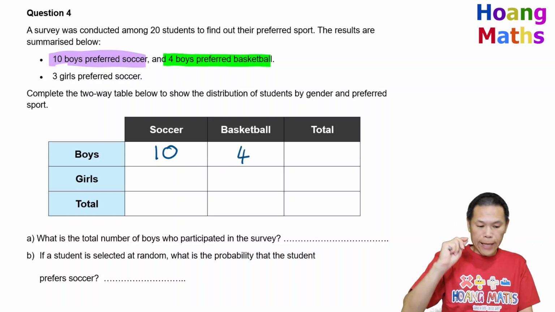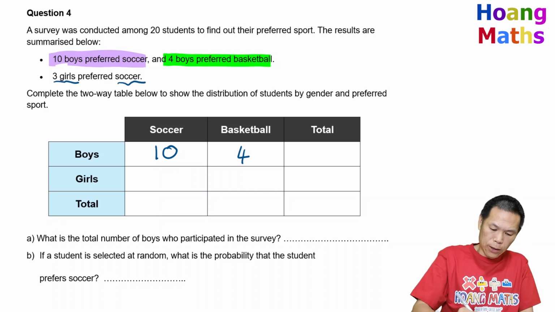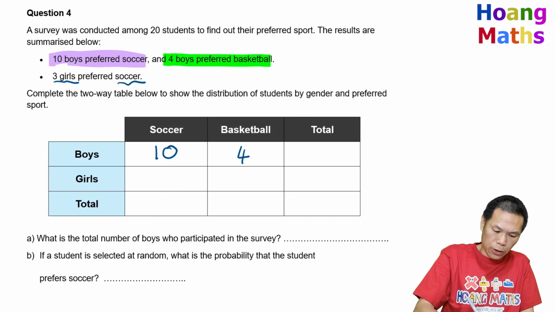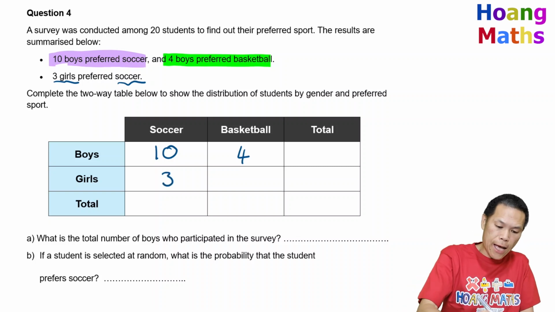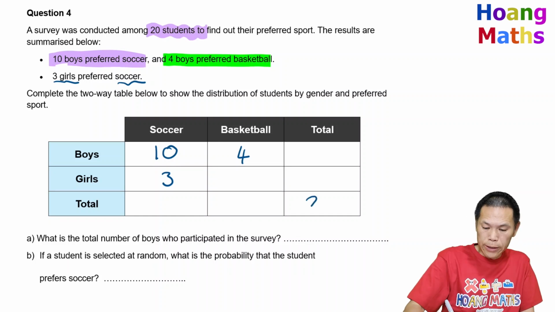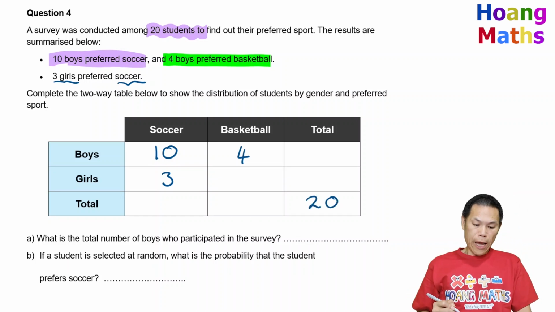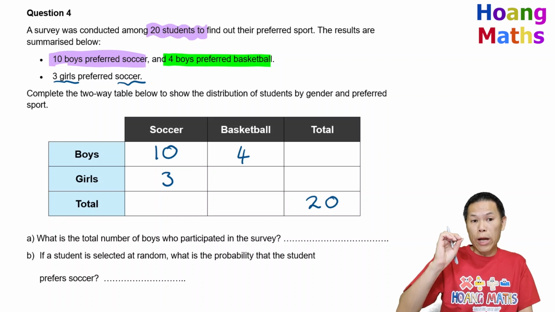And there are 3 girls who prefer soccer. So soccer and girls, so this is 3. And we know that there are 20 students in the survey. 20. Now we just need to complete the rest. So we can work out the total number of boys.